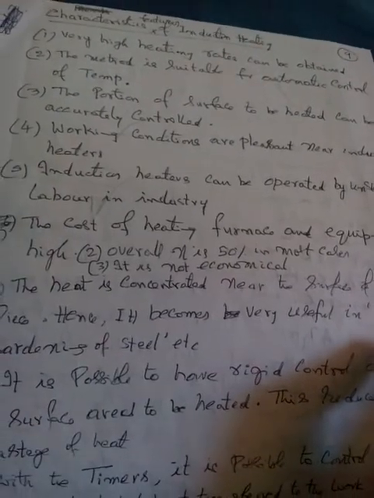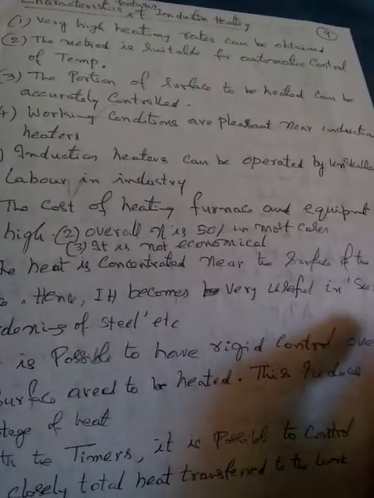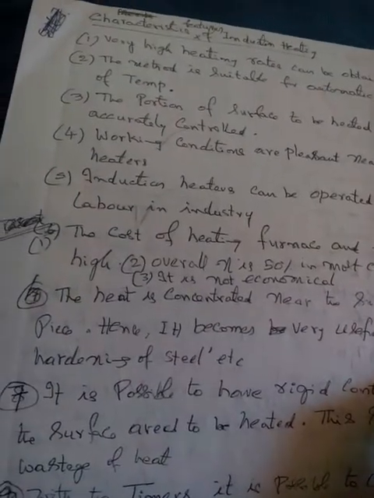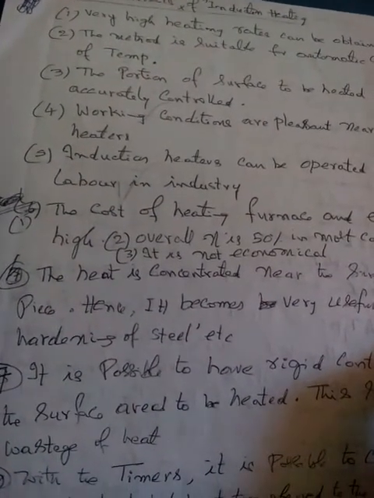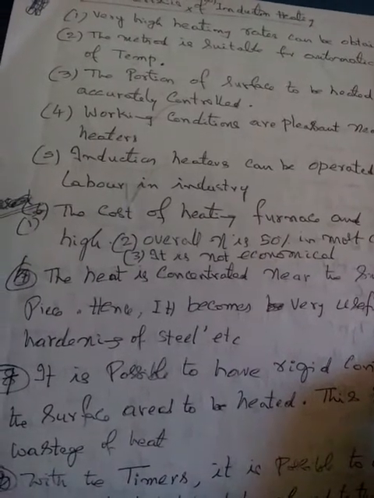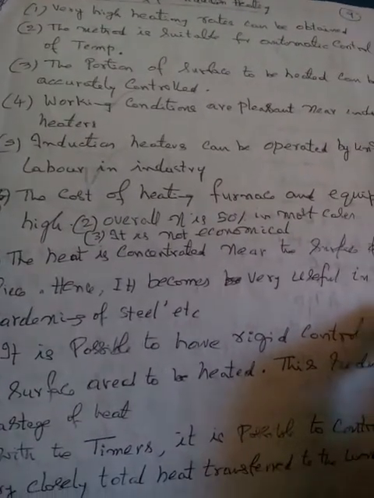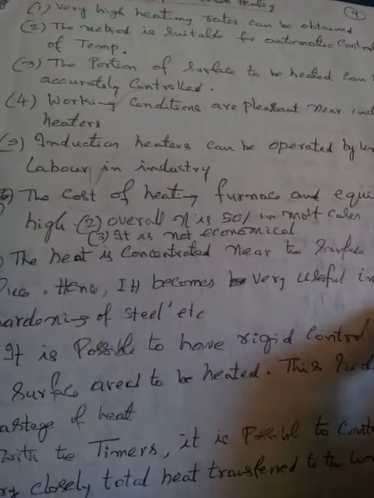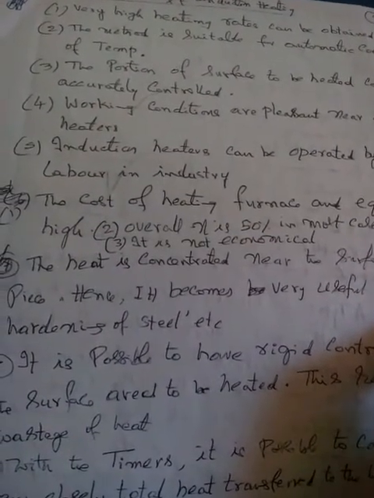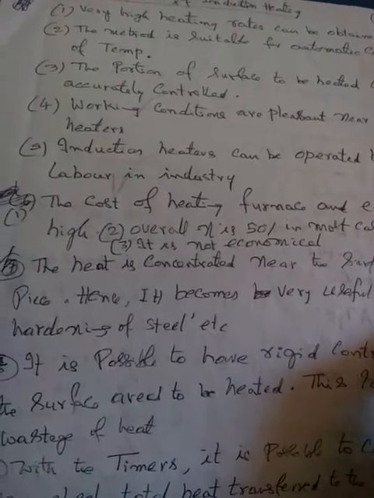Number five, induction heaters can be operated by unskilled labor in industry. Number six, the cost of heating furnace and equipment is high. Overall efficiency is 50% in most cases. It is not economical, which is of course one of the disadvantages.